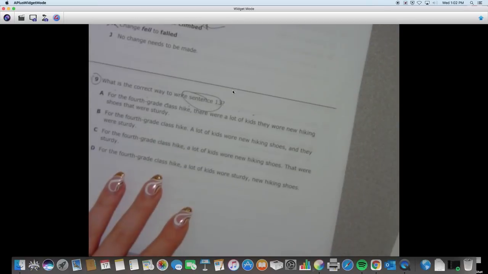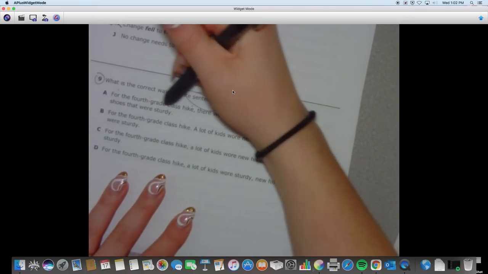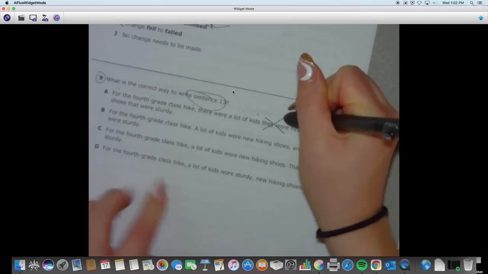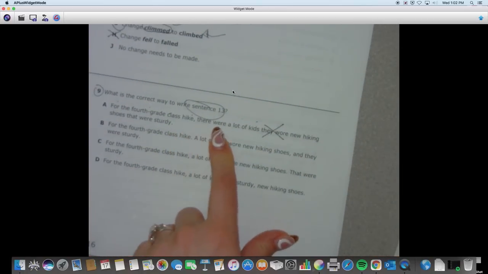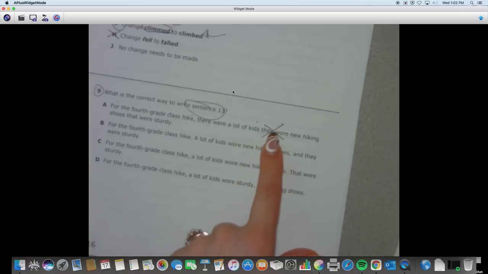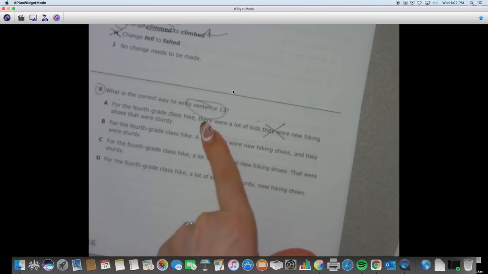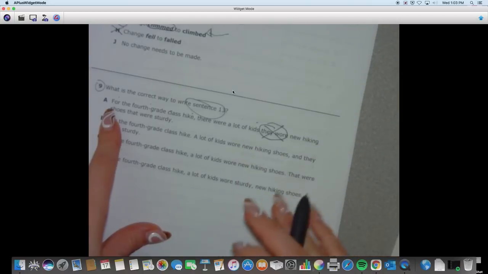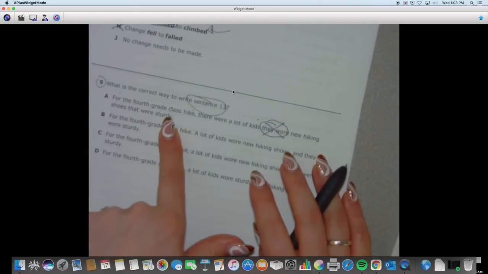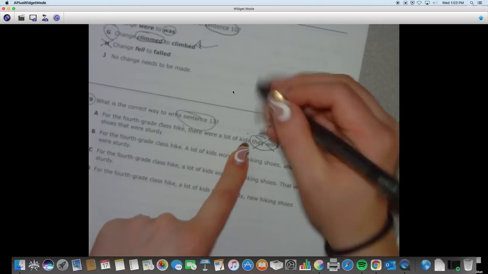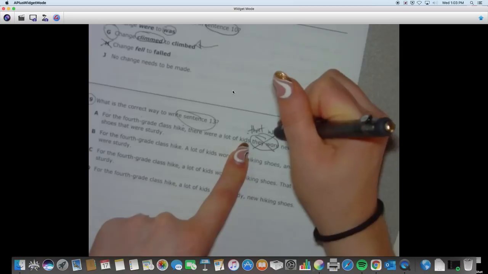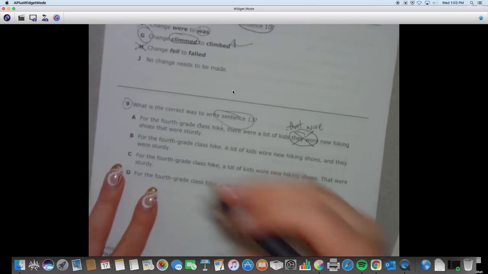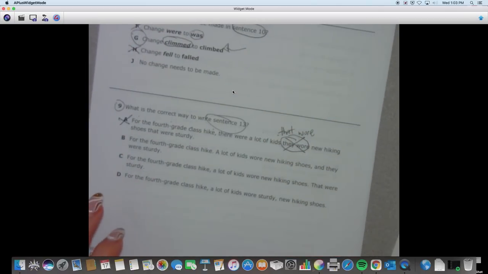Okay, looking at this, this part makes it sound awkward, okay? So maybe if this was a better sentence, it would say, for the 4th grade class hike, there were a lot of kids that wore new hiking shoes that were sturdy, okay? So just looking at A, it's not the best way to correct sentence 13.